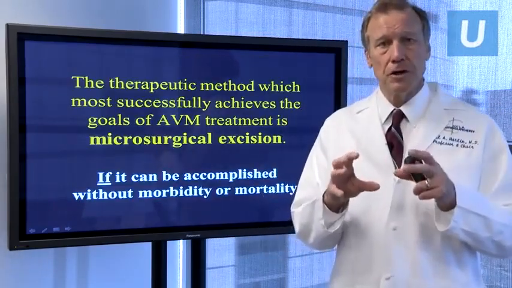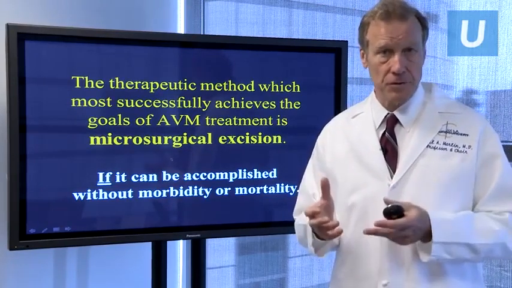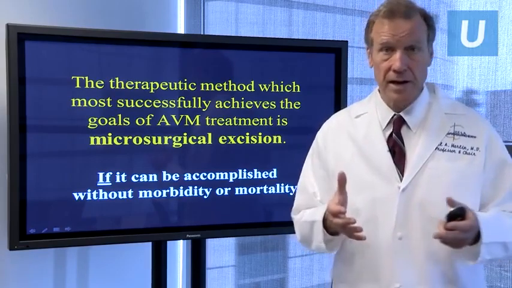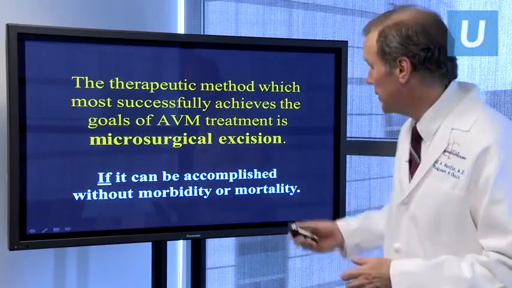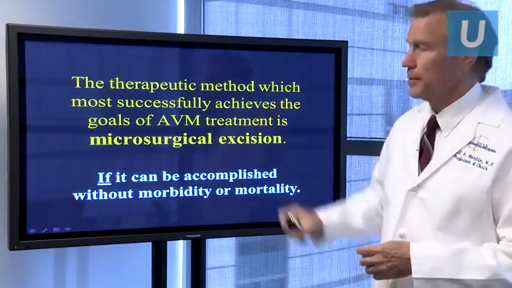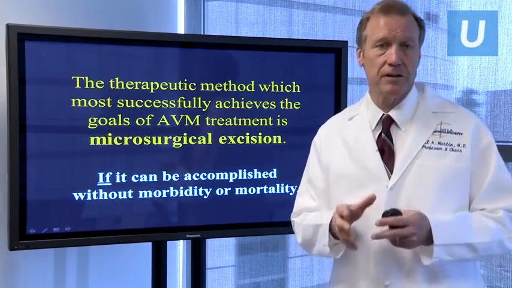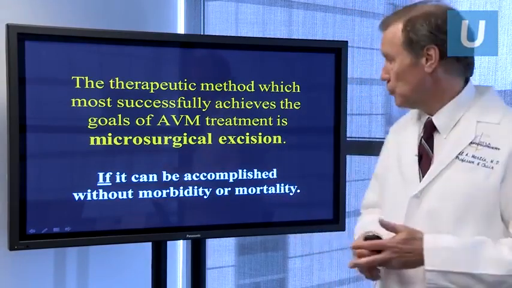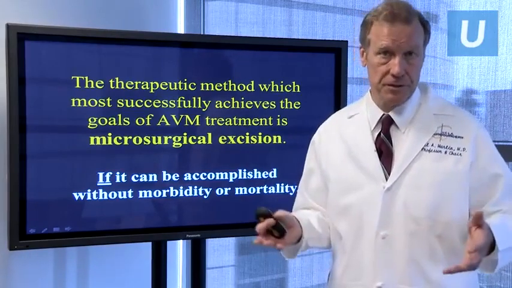Because surgery results in complete, immediate elimination of the AVM in the vast majority of cases, in my experience, more than 98 or 99% of AVMs operated on are completely obliterated, the therapeutic technique which most effectively eliminates the risk of hemorrhage is surgical removal. But it's got to be done without causing neurological disability.